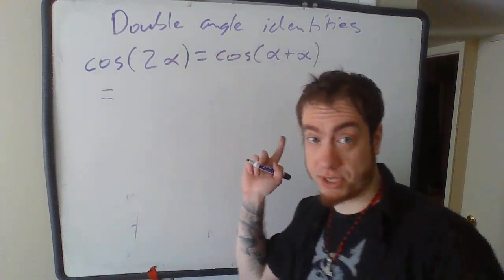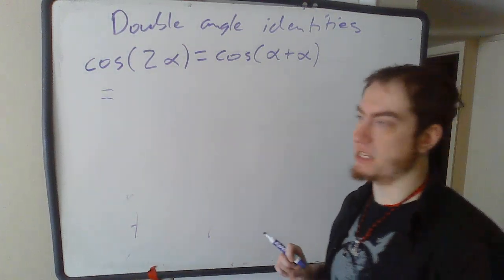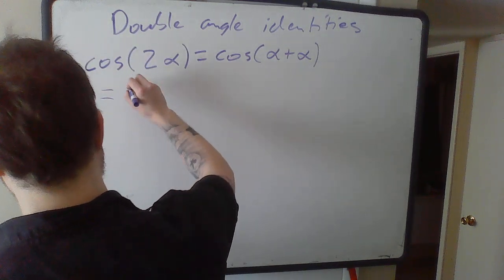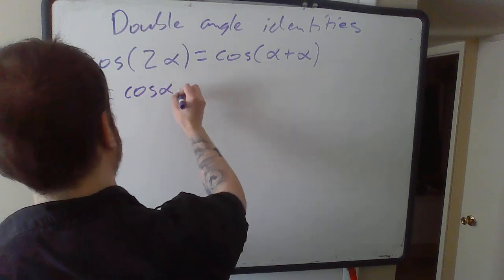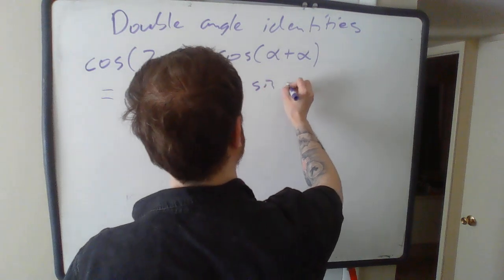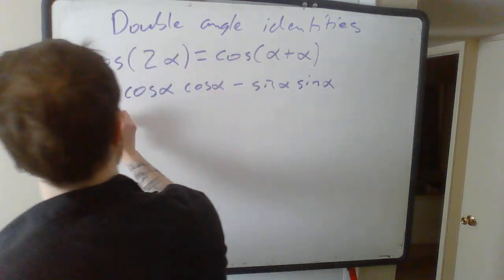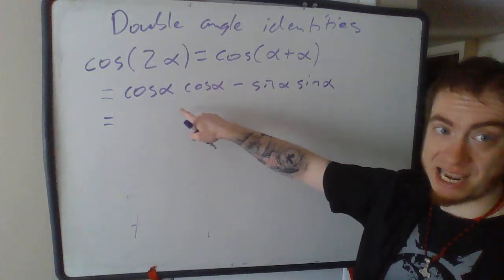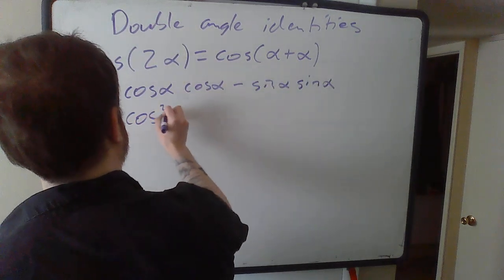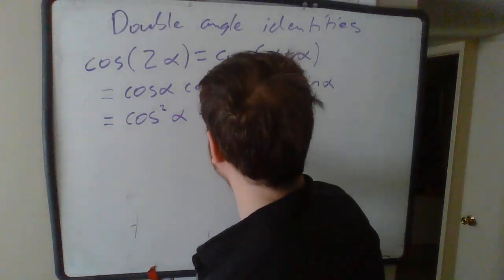If I go back and use the sum identity that we had, or as we said in the last video, one of Ptolemy's identities, I can rewrite this cosine of alpha plus alpha as cosine alpha times cosine alpha minus sine alpha sine alpha. But since these are the same angle, this is really cosine squared alpha, and this is really minus sine squared alpha.